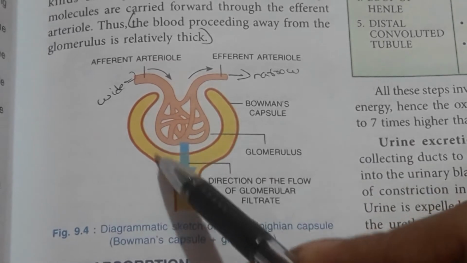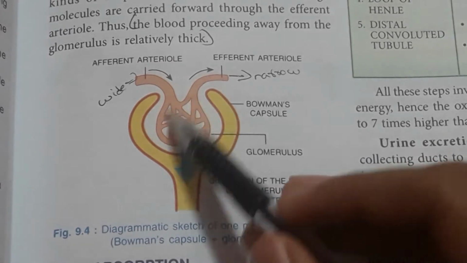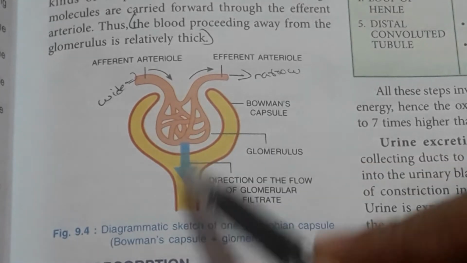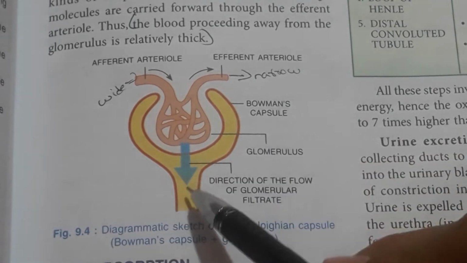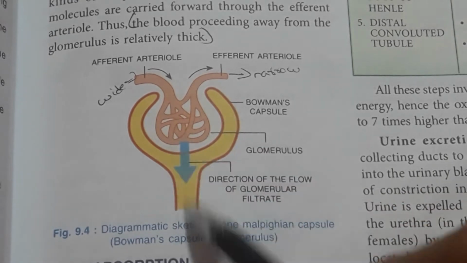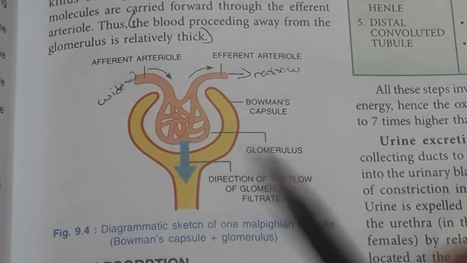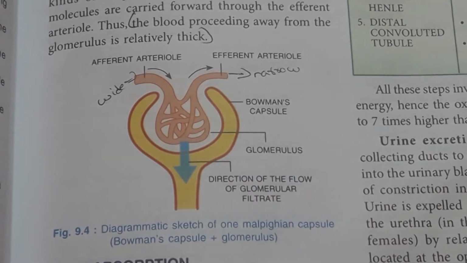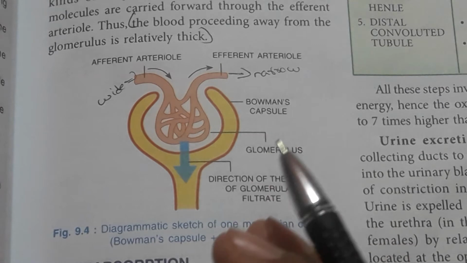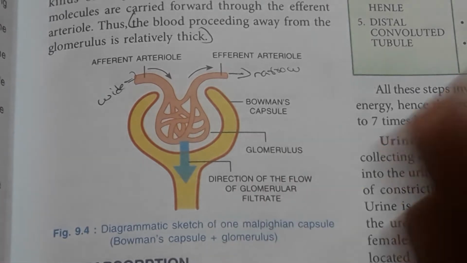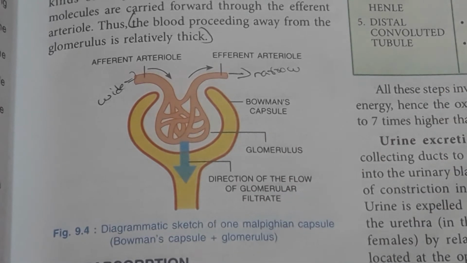That is Bowman's capsule. The fluid entering the renal tubule is called glomerular filtrate.